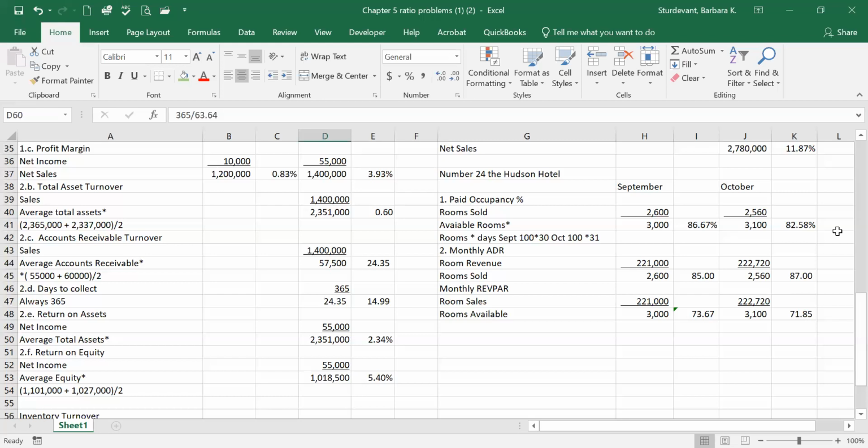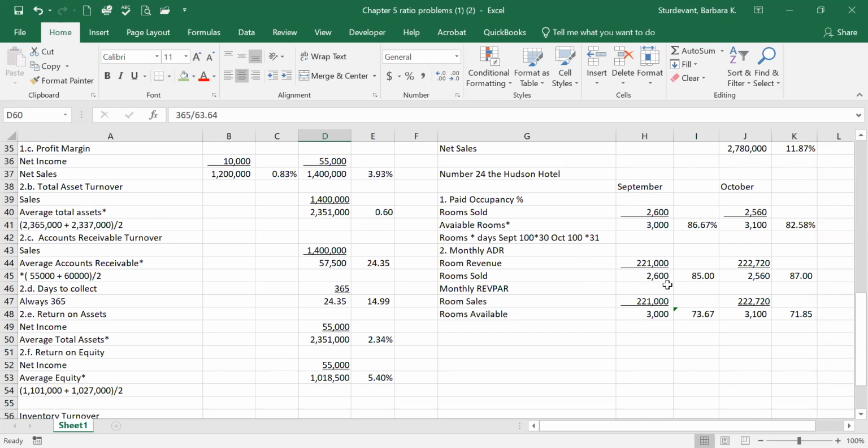These next two, you have a tendency to mix up, so be careful. Monthly ADR. So actual. So what did I actually sell? Try to remember them that way. So my rooms that I sold are on the bottom. Top number for both of these, for ADR and RevPAR, the top number is sales.